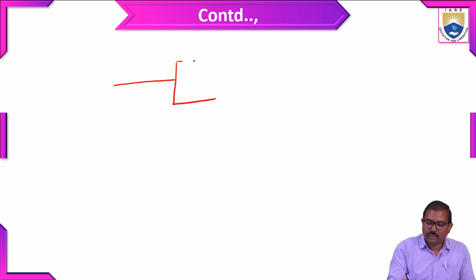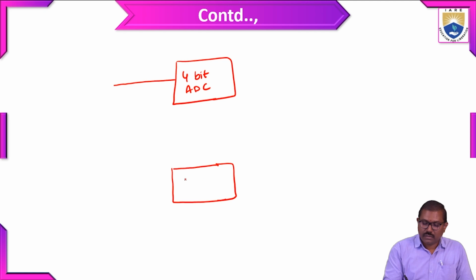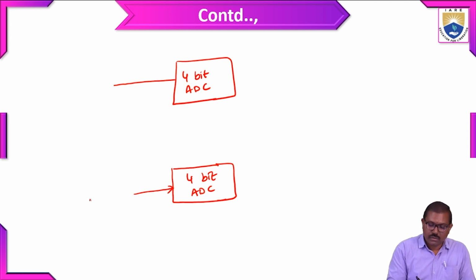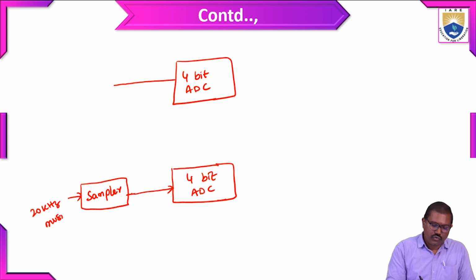So first you are going to take the 4-bit ADC. How many are required? 2 4-bit ADCs, already written. Okay. So this is a sampler, and here we are giving the 20 kHz music channel.